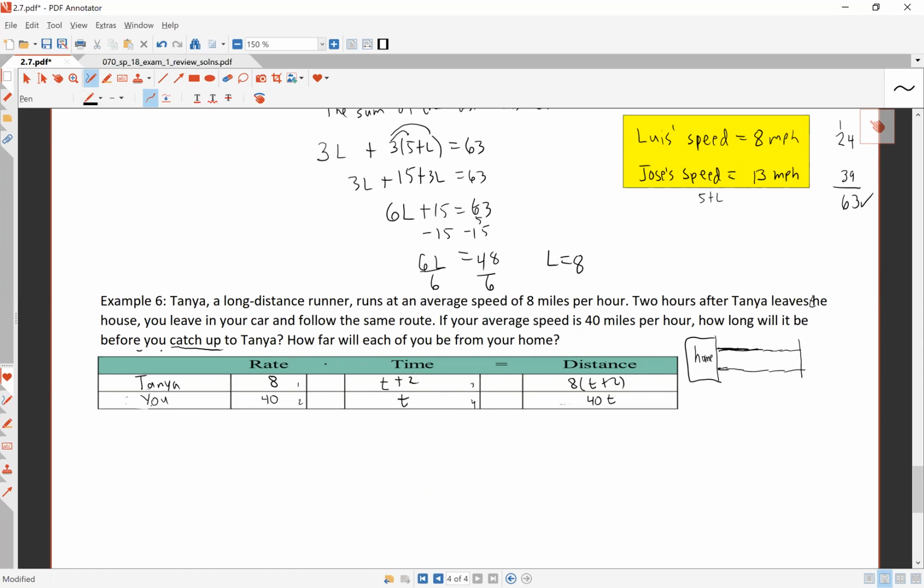Now you ask yourself what to do with these 2 distances. And we look at the picture, and Tanya's distance and your distance, they are exactly the same. So we set these 2 distances equal to each other.